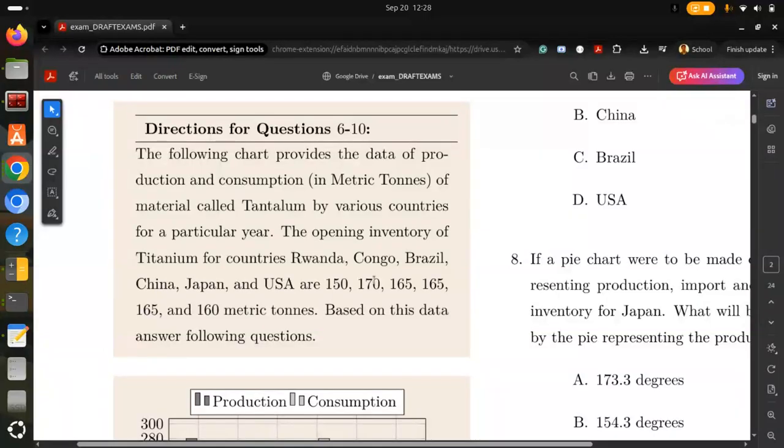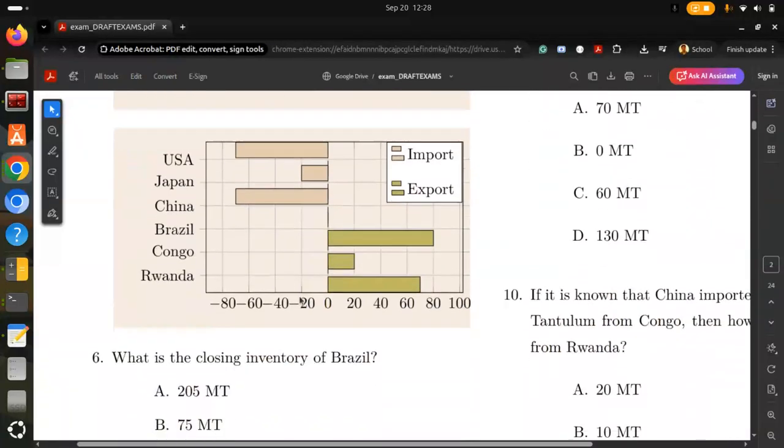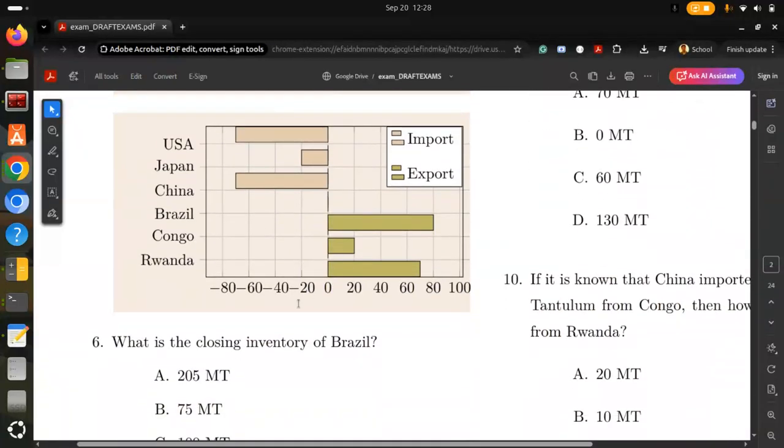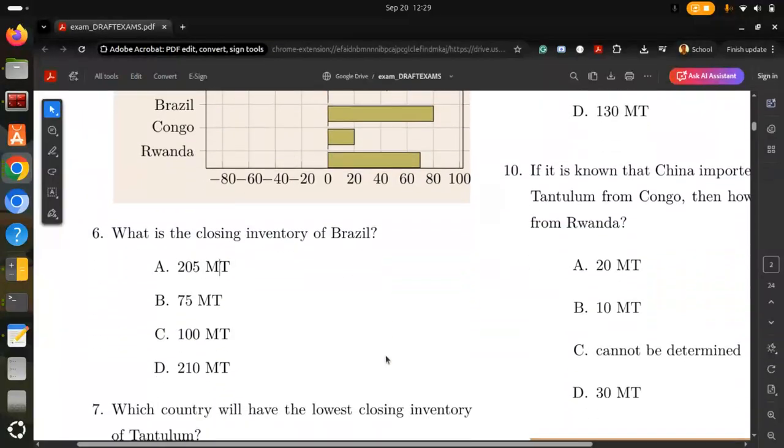Okay, so let's see. The opening inventory is given, then production and consumption, and then import and export. So what is the closing inventory of the country Brazil? Let's work on this. Just from common sense, we can write a formula.